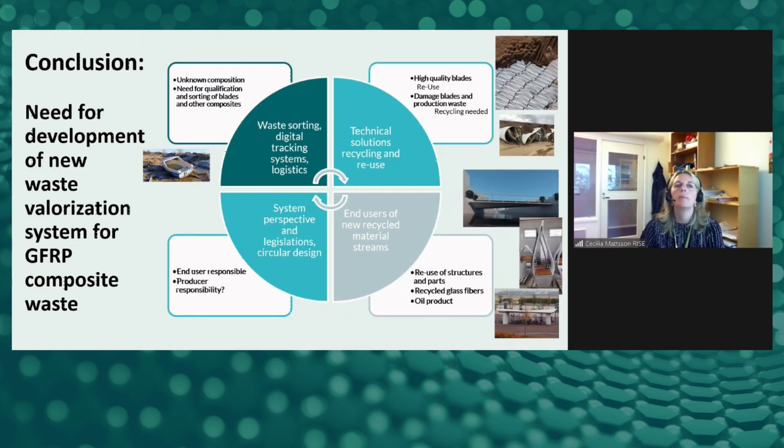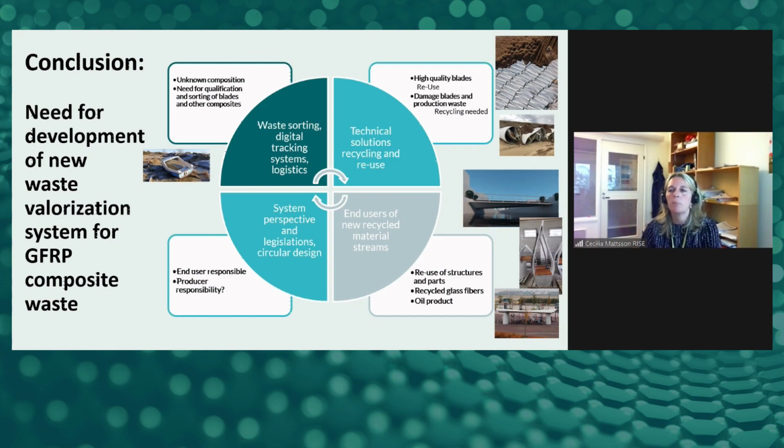To conclude, we need to develop new waste valorization systems for this type of waste from glass fiber composite structures. At RISE we have focused on the technical solutions of recycling and reuse, but we also need to work over the whole value chain. We need to develop waste sorting systems, digital tracking and logistics.